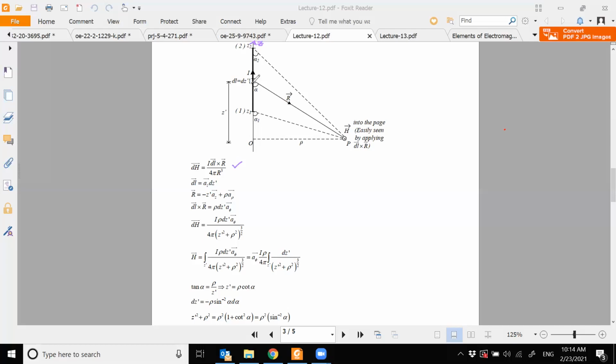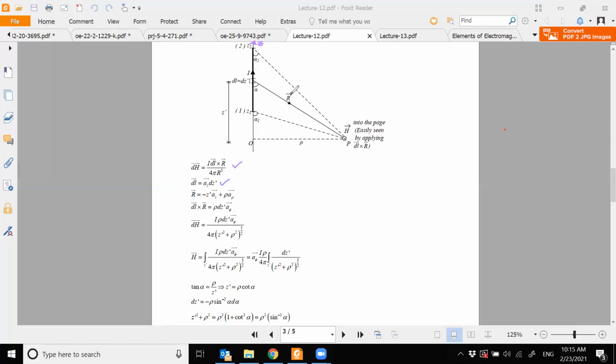So the dl vector is nothing but dz dash, right? And what is the direction of the current here? It is upwards, right? So the direction of the current is upwards. It is in the AZ direction. So that's why dl is dz dash times AZ.